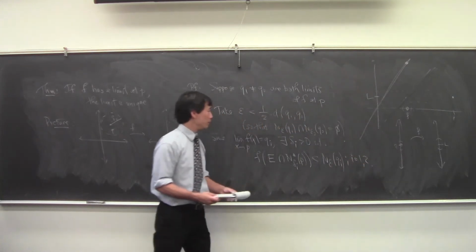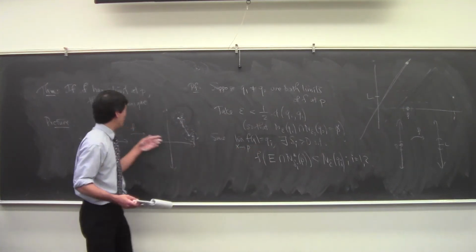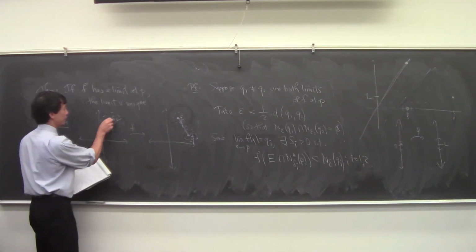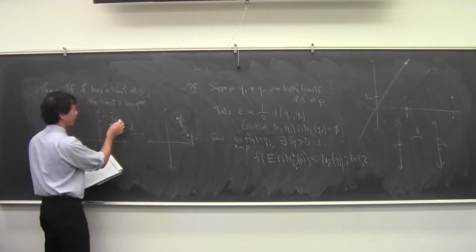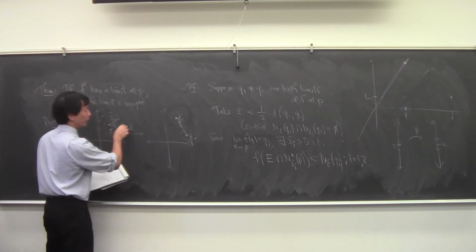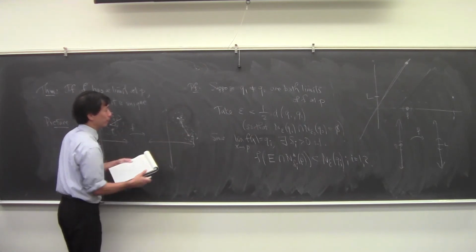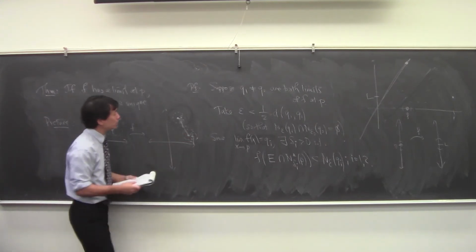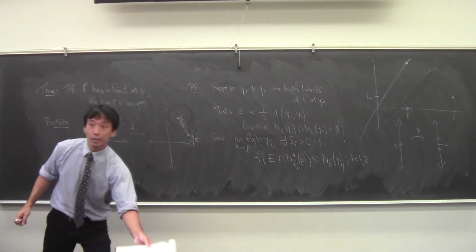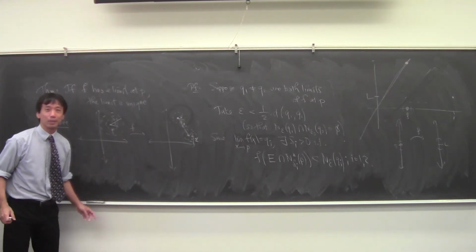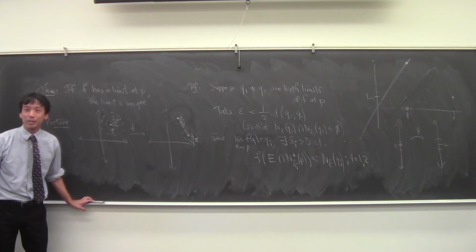There's a delta 1 neighborhood, and there's a delta 2 neighborhood where everybody inside of that punctured neighborhood gets mapped inside of the Q2 neighborhood. This is Q1, this is Q2. Okay. So what's the trouble? What am I going to say next?